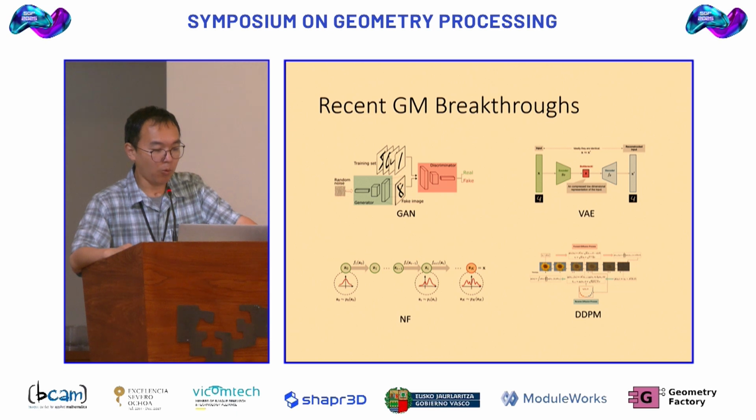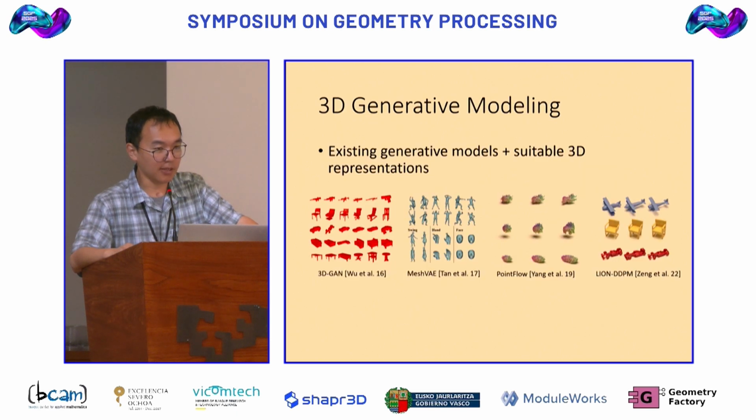What I think is a little bit naive is that in the 3D domain, whenever we develop some machine learning models for image and video generation, we then adopt them in 3D. We did this for GAN, for VAE, for normalizing flows, and very recently for diffusion models.